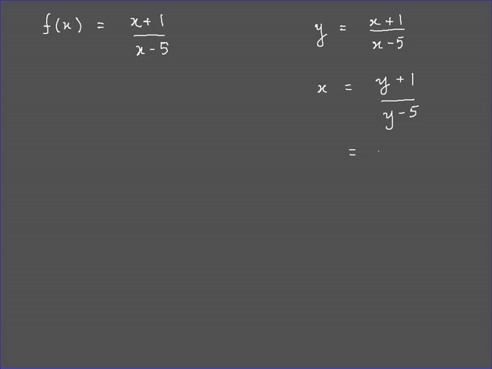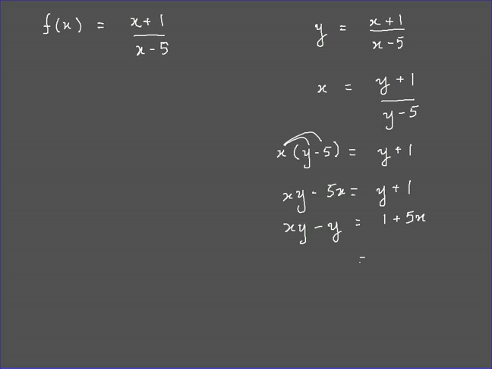Now this is one of those tricks that once you've seen once, you can usually duplicate again. What I'm going to do is multiply by the y minus 5. I'm going to multiply out this bracket. And to deal with it now, we still have y appearing twice, but I'm going to collect all the expressions with y in on one side of this, and I'm going to leave all other expressions on the other side, and the trick is to create a bracket, a factor.